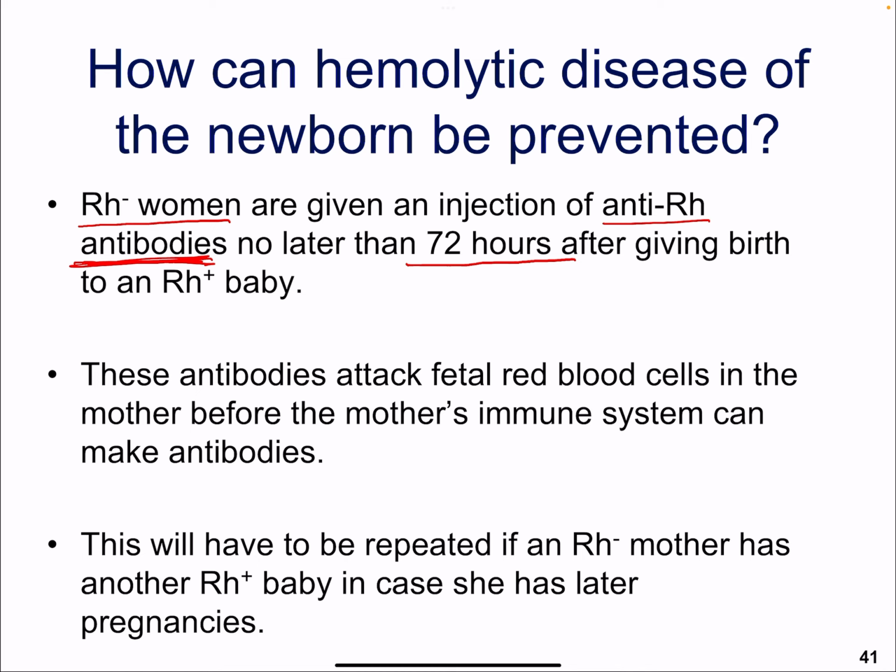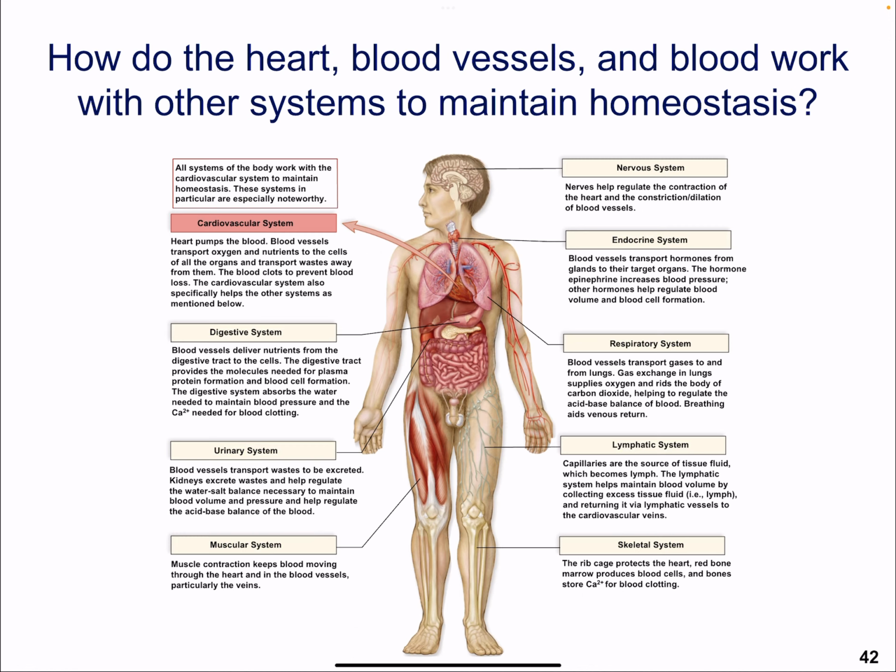And now, when a mom is pregnant again, mom will receive another treatment, right? So that she does not produce antibodies against the rhesus factor. Okay? So that's basically the hemolytic disease of the newborn and how to prevent the hemolytic disease of the newborn.